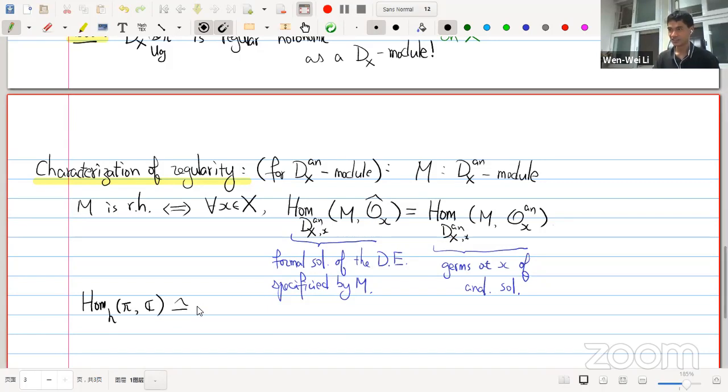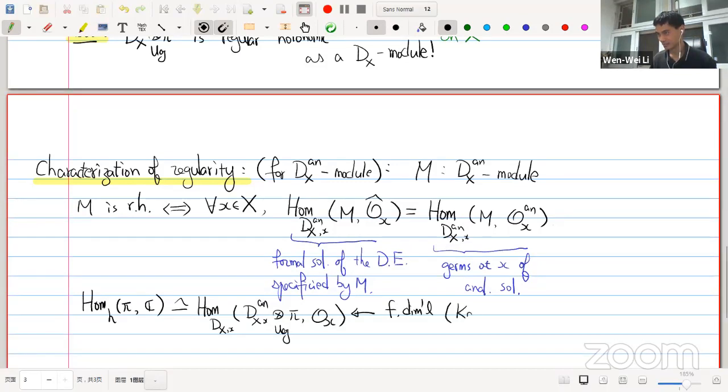Once you know about the regularity, then you get something like this, Hom, H pi c. It is isomorphic to a Hom of the localization. Okay, let's put an N here. And the good thing about this is this guy is finite dimensional.